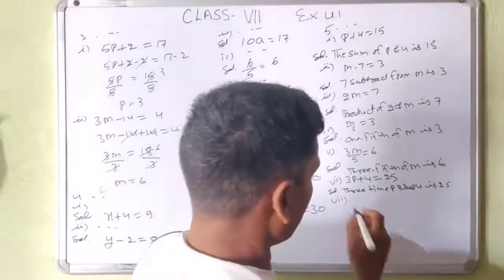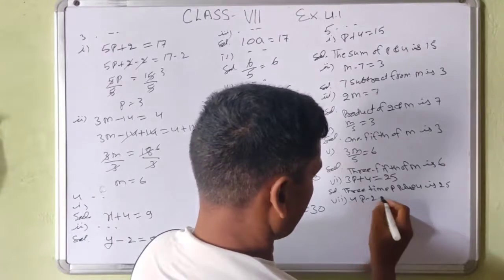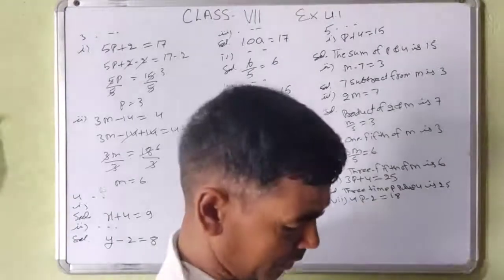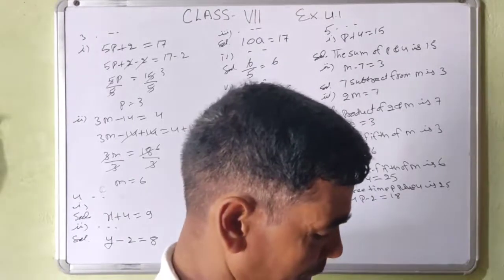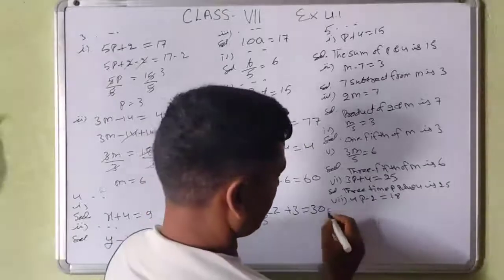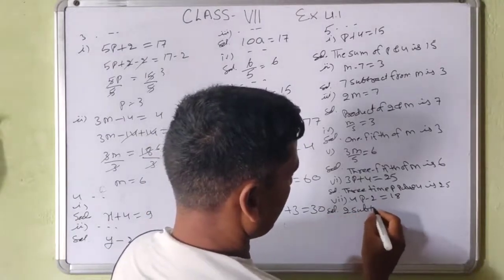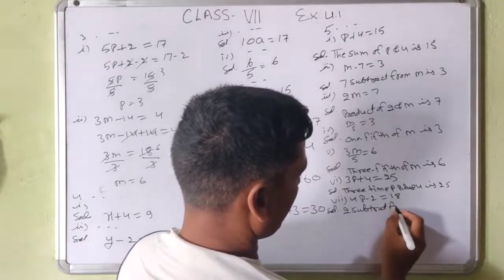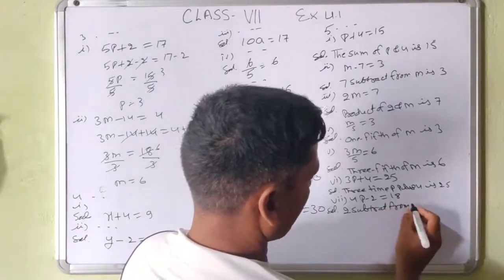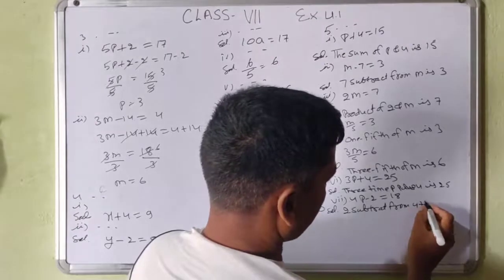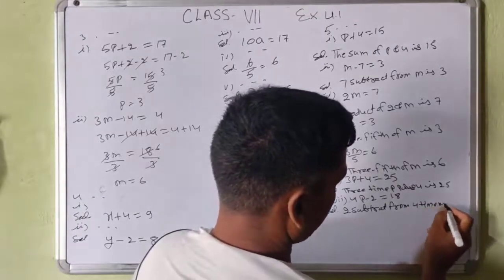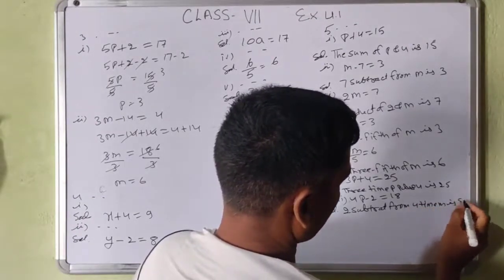Seventh part, 4m minus 2 is equal to 18. Solution: 2 subtracted from 4 times m is 18.